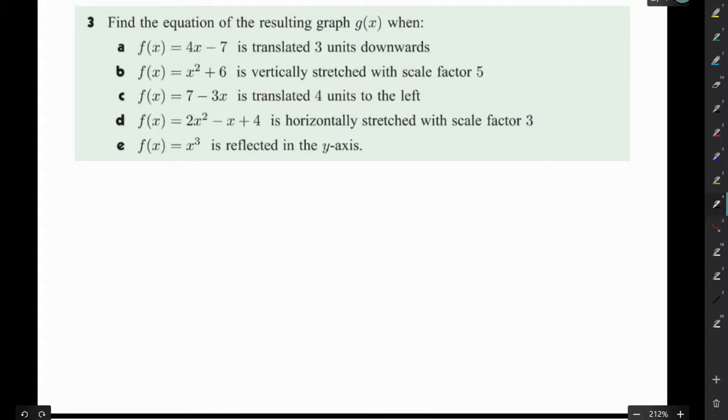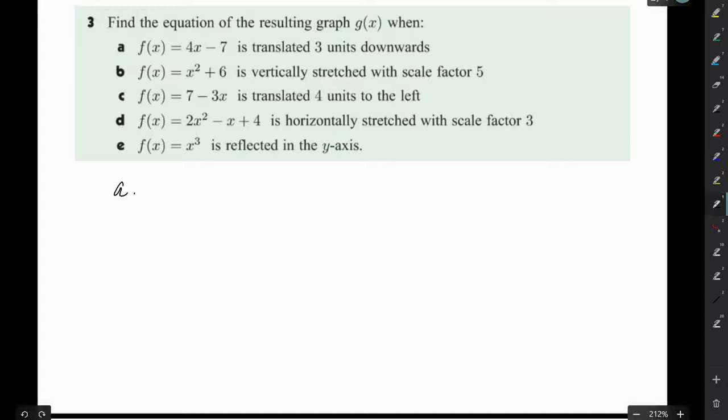All right, number 3 is a slightly different take on things. We're not looking at a graph. We're actually taking a function, just the equation, and rewriting the equation to show how we're moving our function, how we're translating it or stretching it or reflecting it.